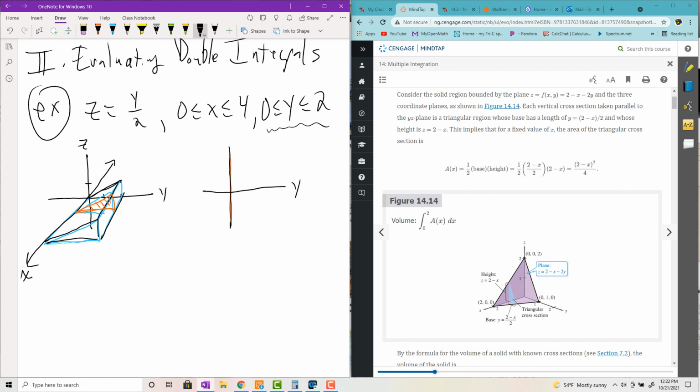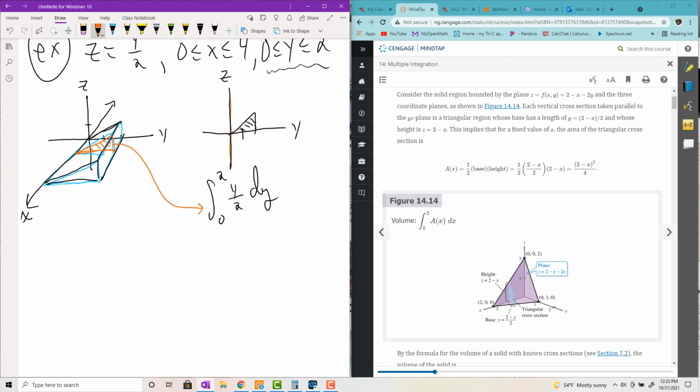So y z, and again, we're going from 0 to 2, and here is our curve. We want basically that area. So how do I get that area? It's just an integral, right? So it's the integral from 0 to 2 of y over 2 with respect to y. Okay. And again, that thing I just figured out is going to be the area of that red triangle.